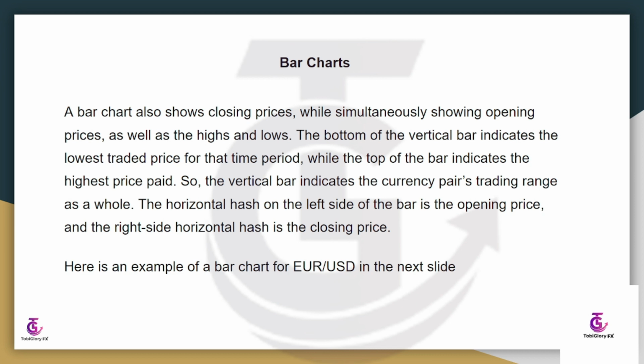So the vertical bar indicates the currency pair's trading range as a whole. The horizontal hash on the left side of the bar is the opening price, and the right side horizontal hash is the closing price. Here is an example of a bar chart for Euro USD in the next image.